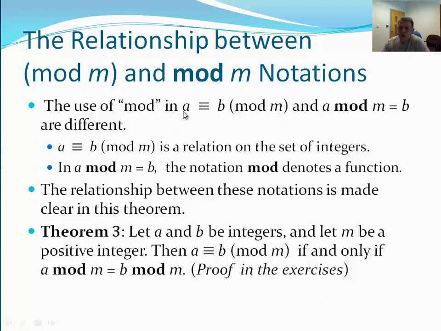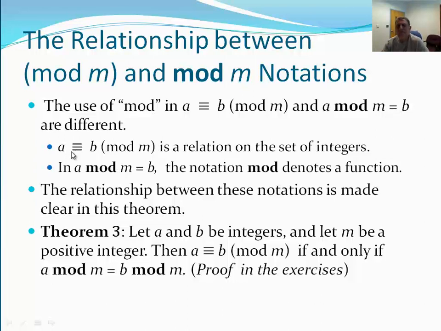The use of mod in a ≡ b (mod m) and a mod m are different, right? Because here we are talking about congruent numbers, and here we are talking about their remainder.